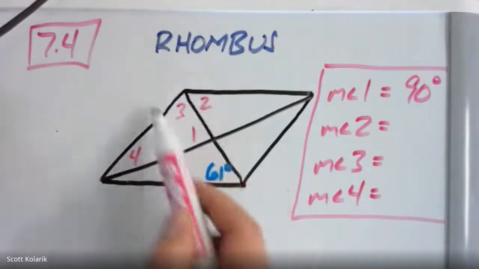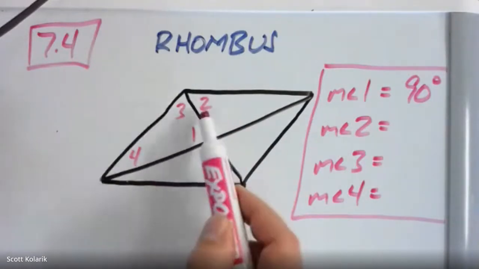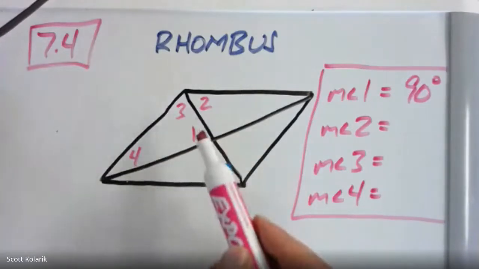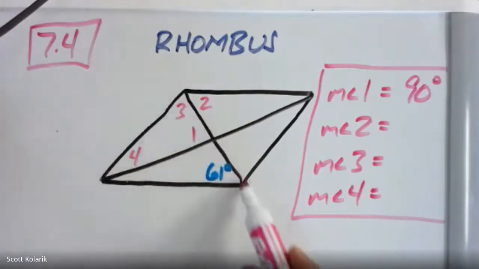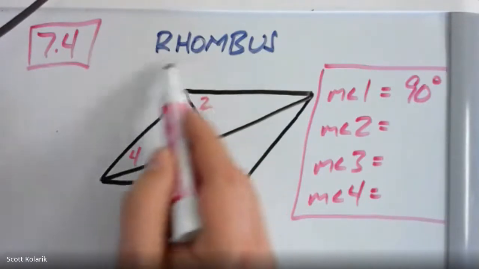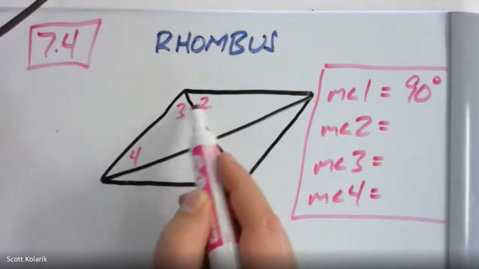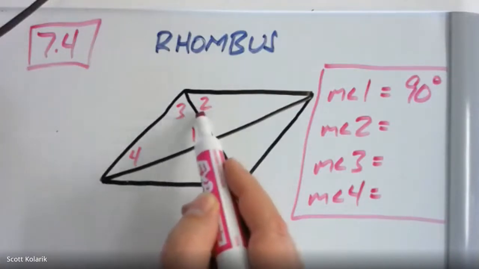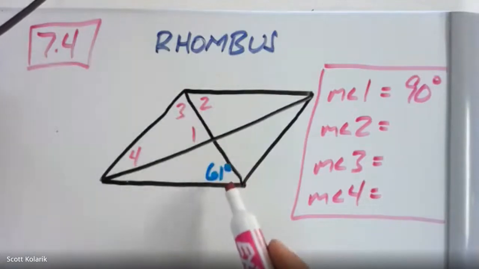In other words, this top left corner, the whole corner up here, needs to be the same as down here, right? Because it's a parallelogram, but this diagonal has to chop it in half. So whatever measurement this whole top left corner is, angles 2 and 3 right here need to be the same as each other, because this diagonal will chop it in half.